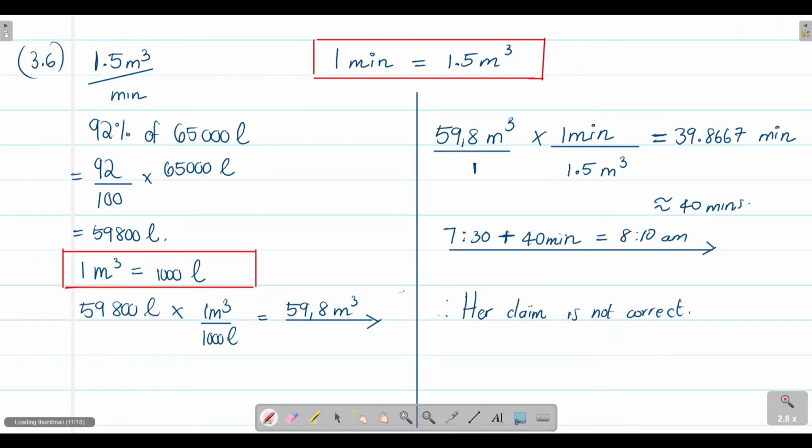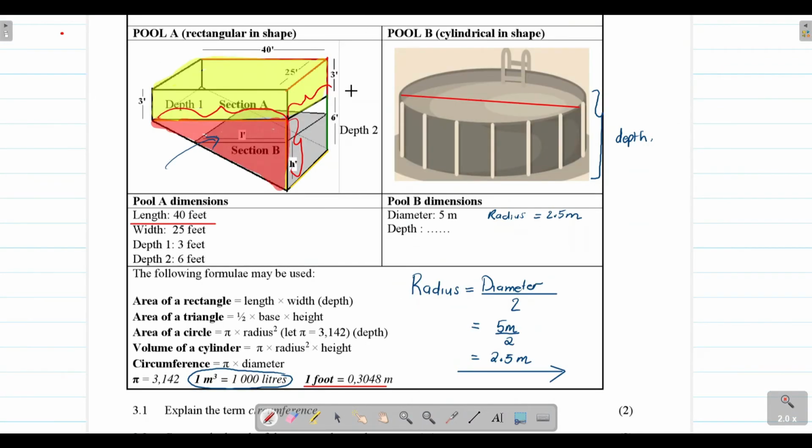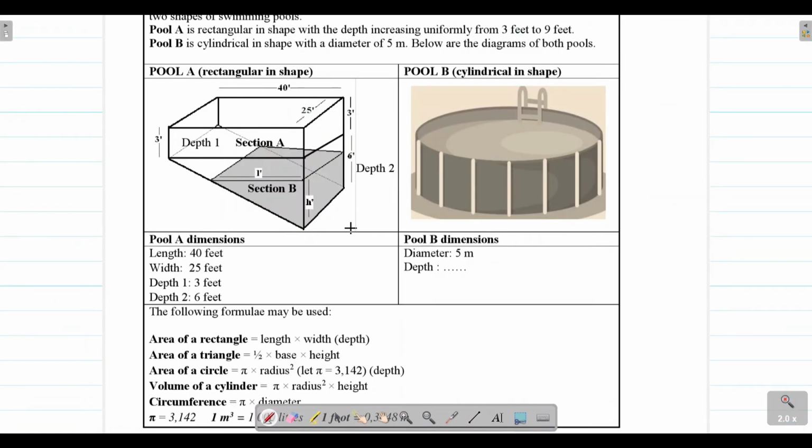Let's have a look at the next question. Question 3.7. Mrs. Palati chose pool A. Give one possible reason why she opted for pool A, even though pool A uses more water than pool B. When you look at what's given to us here, Mrs. Palati decided to go with pool A, even though pool A takes 169,000 liters of water, while pool B takes 65,000 liters of water.